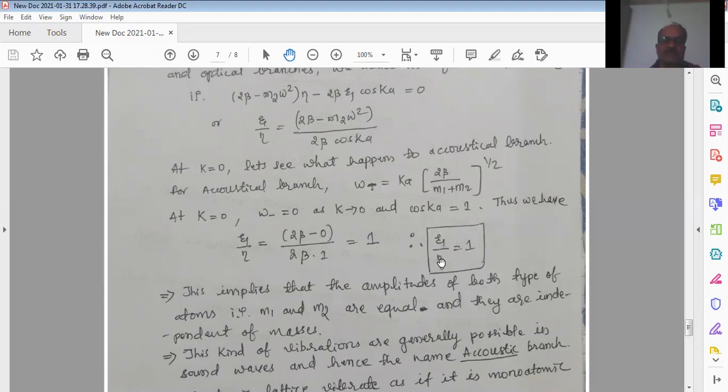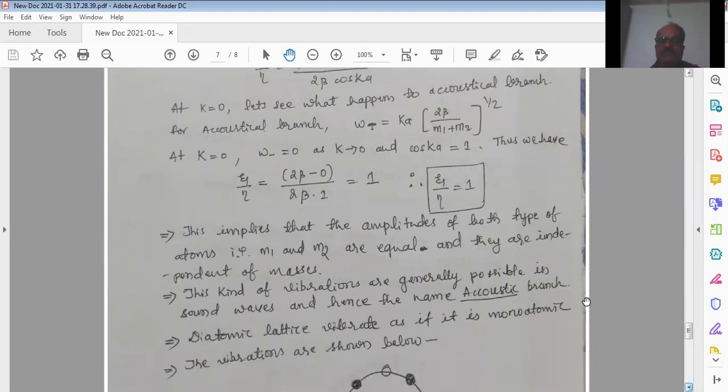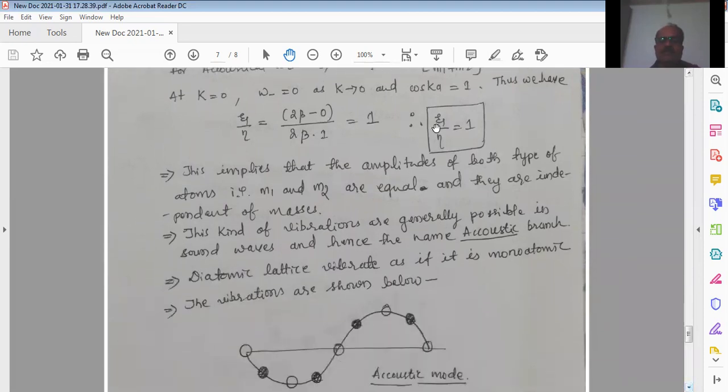So zeta by eta becomes 1, the ratio of amplitudes is 1. That shows zeta is equal to eta. This implies that the amplitudes of both types of atoms, M1 and M2, are equal, and they are independent of masses.